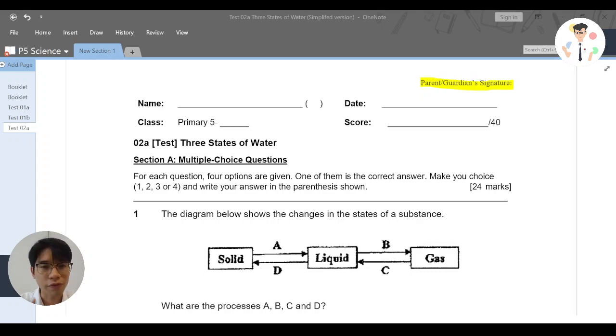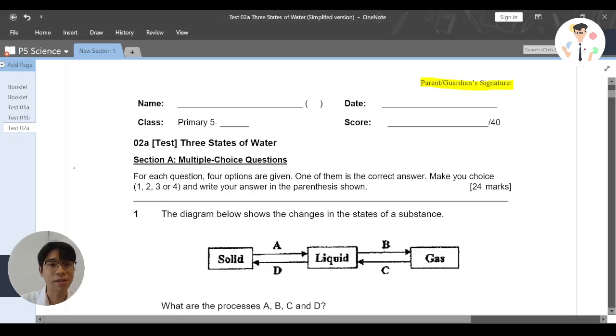So again, the first thing that you should know before starting doing this test is the RAISE method that I've mentioned many times. Again, RAISE. R stands for read. You are supposed to read all the questions carefully. A, you are supposed to annotate. Please annotate all the important keywords. Next, you're supposed to identify the topic that the question is actually testing you.